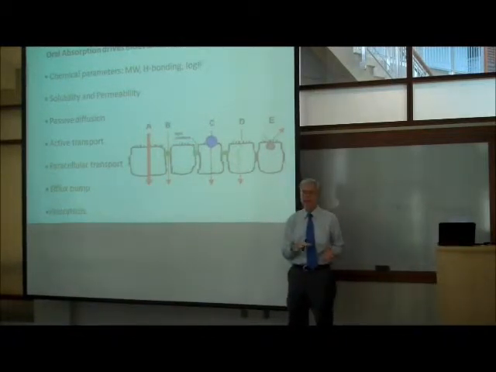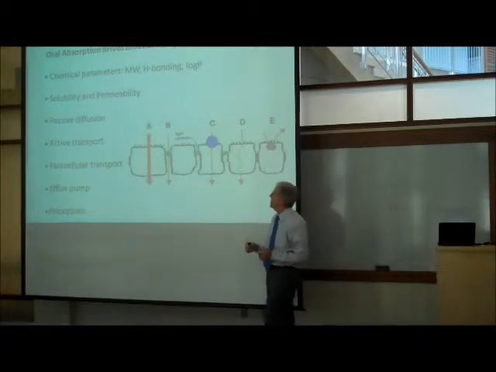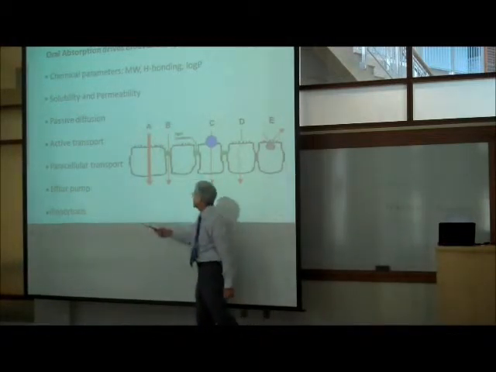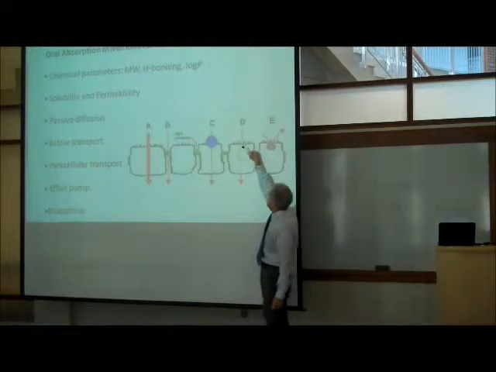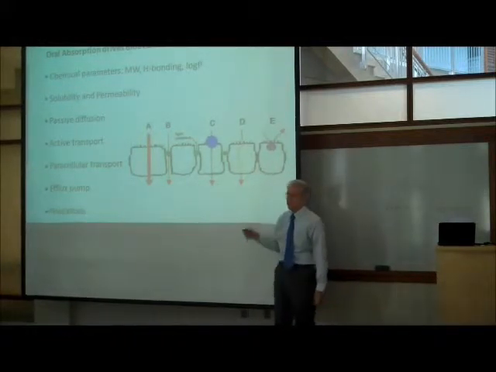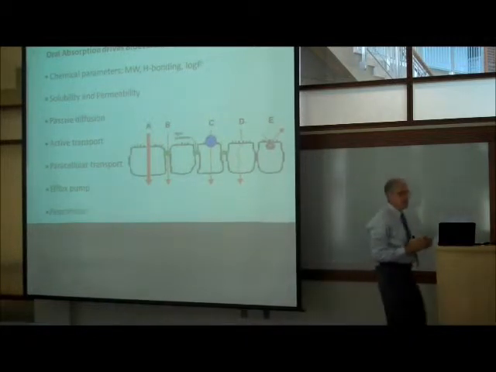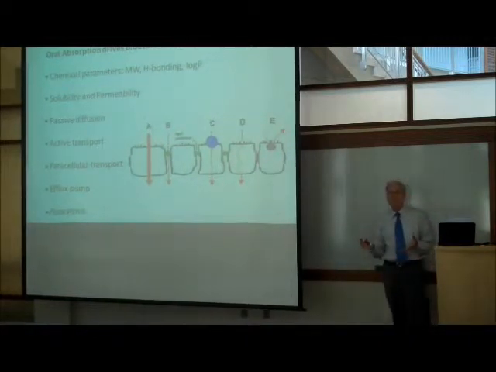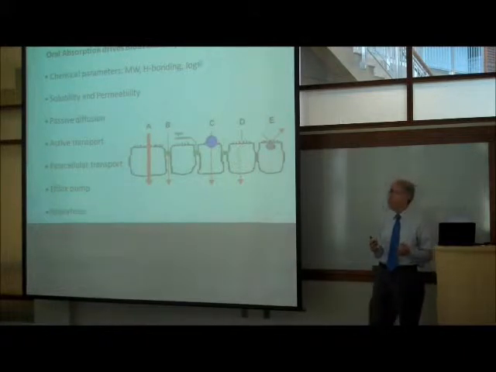And then lastly, and least relevant to drug absorption, is pinocytosis. This is where the drug enters little bubbles in the cell that diffuse across the cell and then pass out that way. So these are the different pathways involved in cell permeability.